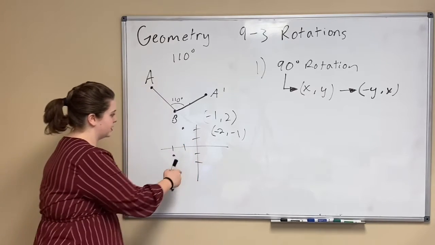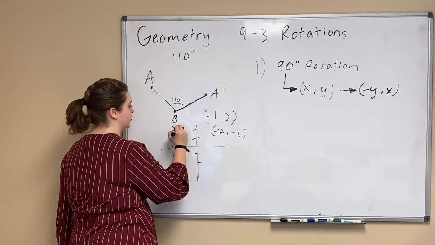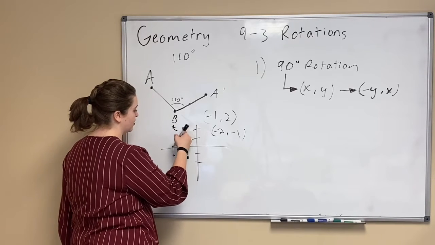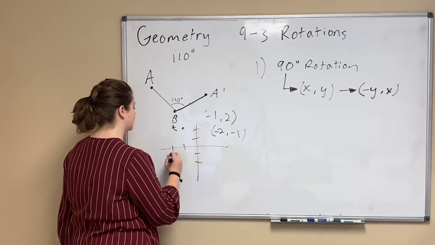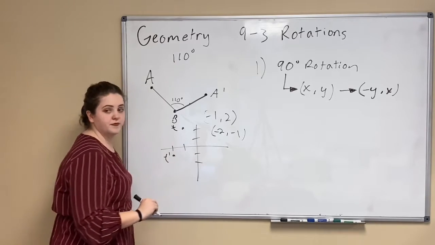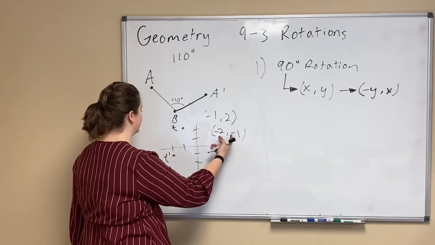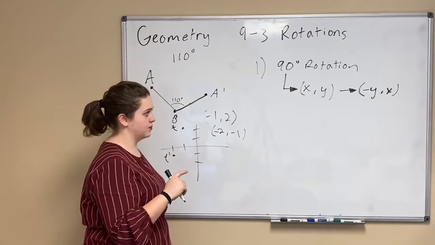We'll call this point T. When I rotate point T 90 degrees to T prime, I switch the numbers, and then I make the first one negative, make the y negative.